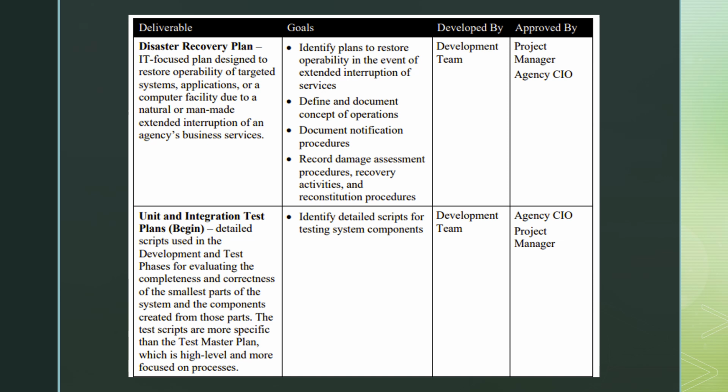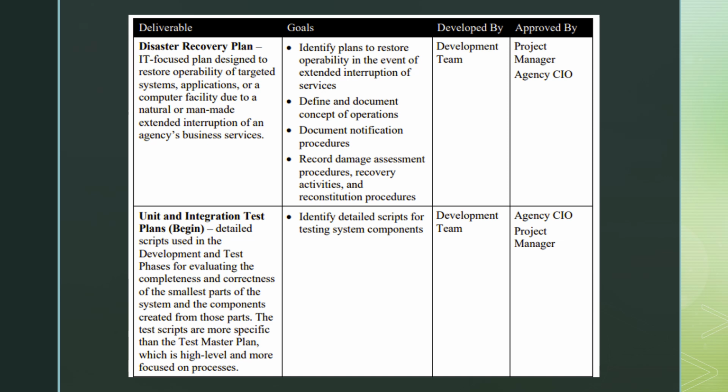This would be developed by the development team and approved by the project manager and at the same time the agency CIO. Next deliverable, we have unit and integration test plans. These are detailed scripts used in the development and test phases for evaluating the completeness and correctness of the smallest parts of the system and the components created from those parts.